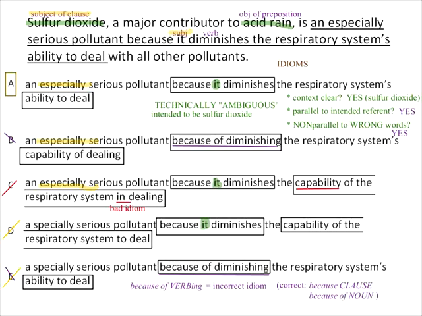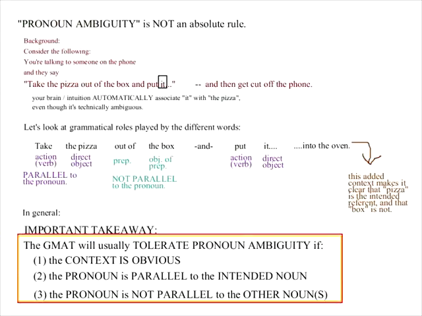Okay, any other questions about this problem, especially dealing with pronoun ambiguity? It looks like no one is typing. So in summary, let me give you a couple of problems to look at.